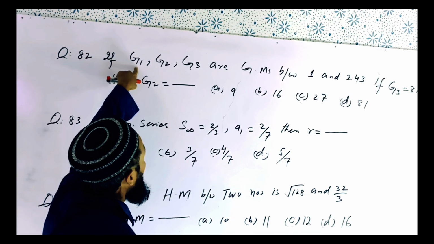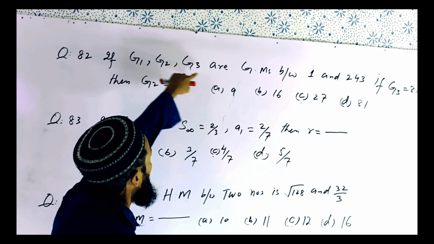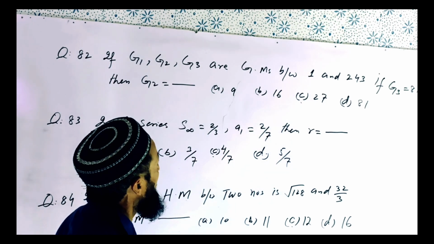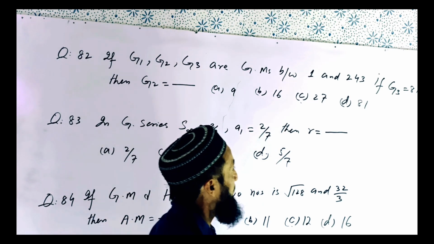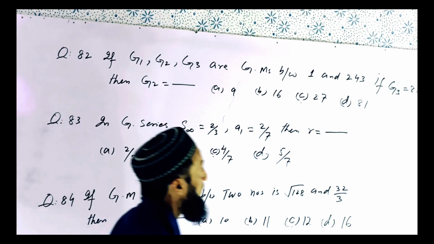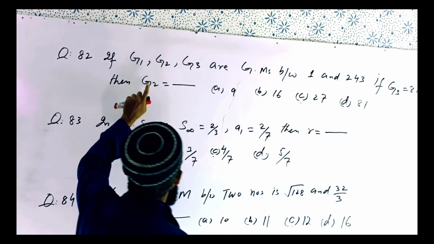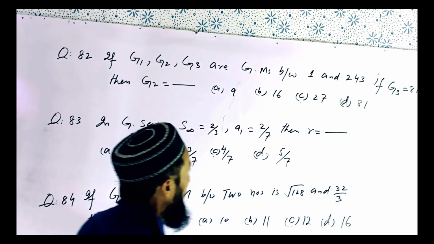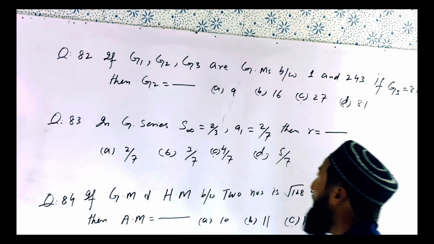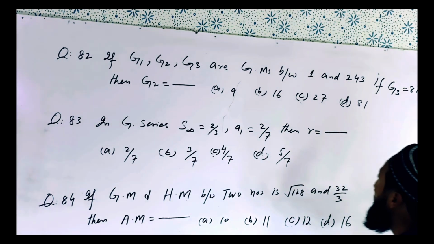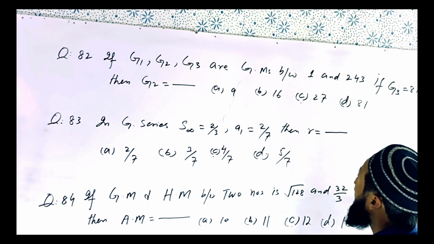G1, G2 and G3 are geometric means between 1 and 243. If the third geometric mean is given as 81, what is the value of G2? So the common ratio is required in the geometric progression. We know that it is second value divided by first value.